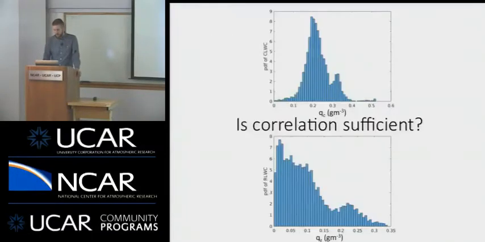But is correlation sufficient? I bring this question up and I put these two PDFs here because I want to come back to something I said at the very beginning, that we can define these PDFs over some large length scale, 60 kilometers. But is this what's relevant to the physics?